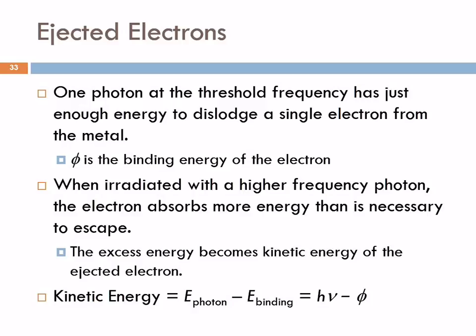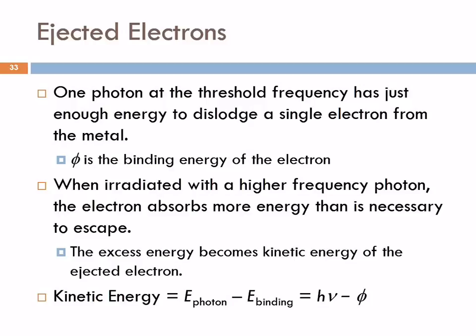Ejected electrons. So back to that idea of the photoelectric effect. How can a photon of light eject an electron? Well, the photon has to have just enough energy to dislodge a single electron.